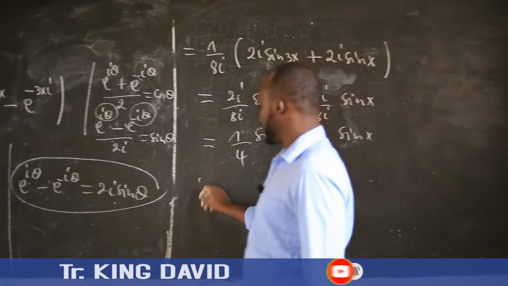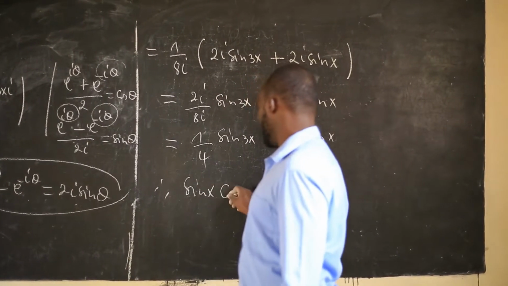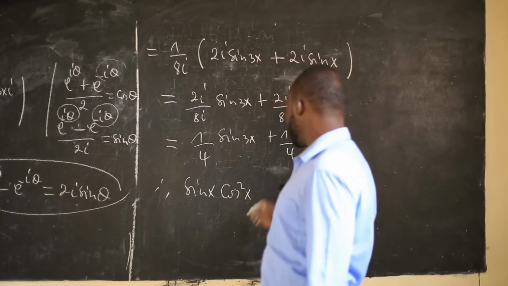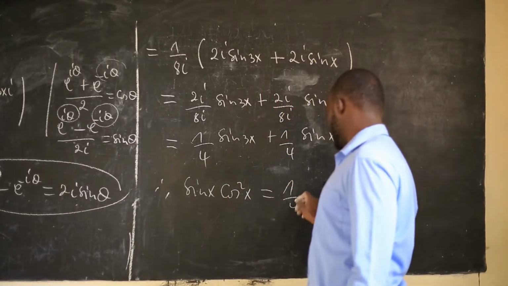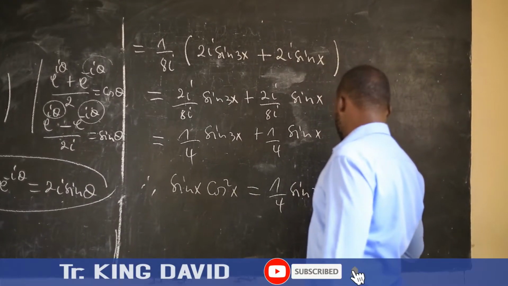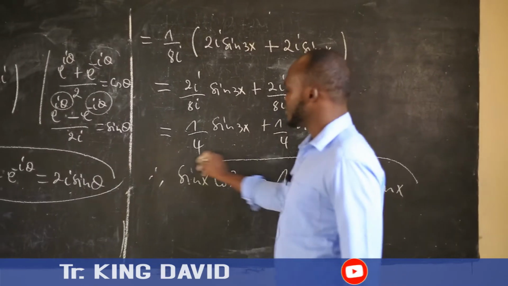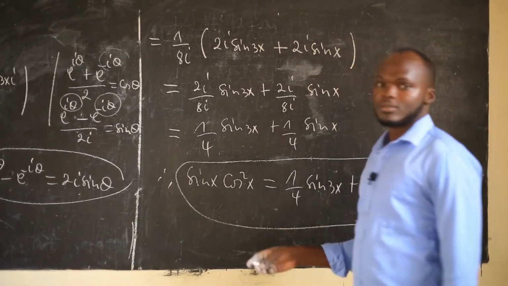So the linearization of sine x cos squared x is 1 over 4 sine 3x plus 1 over 4 sine x. It is important to know this one because it will not stop from here.